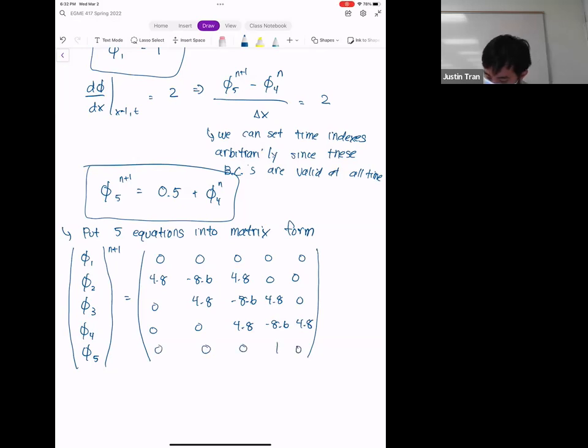Then this is going to be multiplied by all the phi terms.